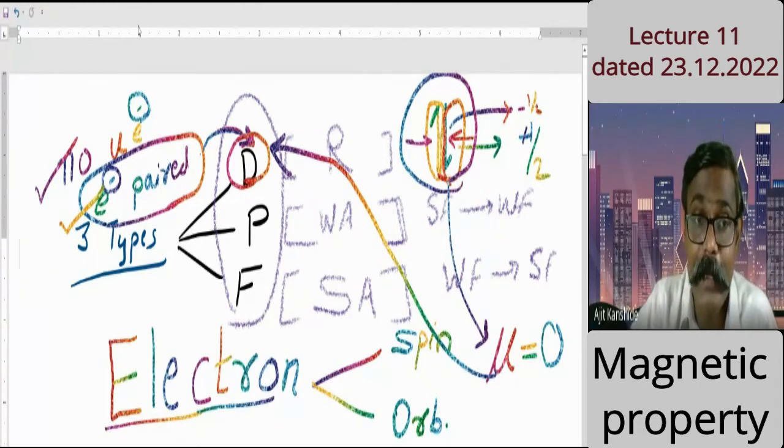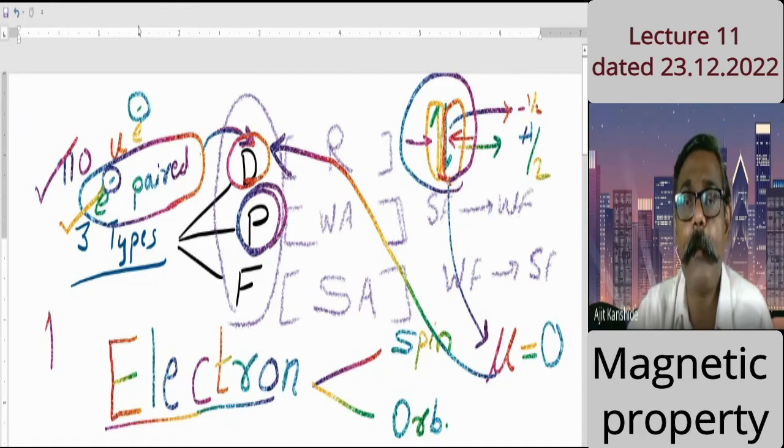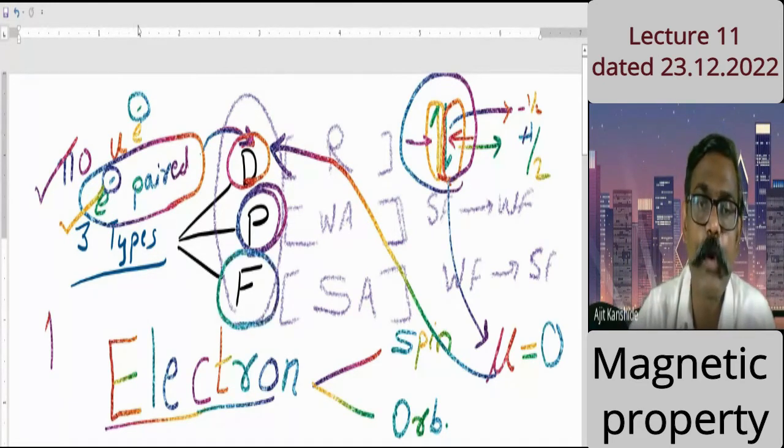And if there remains any single unpaired electron, then it can be paramagnetic. If there is a small number of unpaired electrons, it is paramagnetic. A high level of paramagnetism is nothing but ferromagnetism.